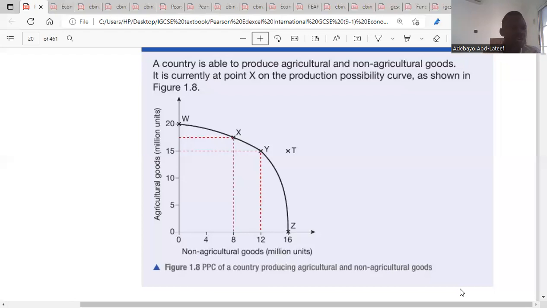So non-agricultural goods will increase by 4 million, that's 12 minus 8. Then agricultural goods will reduce from 17.5 to 15 million, that's 2.5 million. So agricultural goods has been sacrificed by 2.5 million to increase non-agricultural goods by 4 million. So what is the opportunity cost?